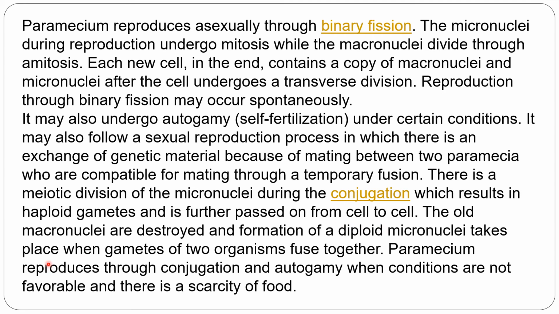The old macronuclei are destroyed and a diploid micronucleus forms when the gametes of two organisms fuse together. Paramecium reproduce through conjugation and autogamy when conditions are not favorable and there is a scarcity of food.